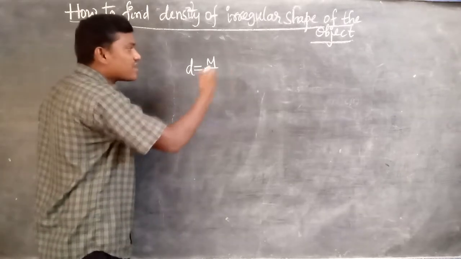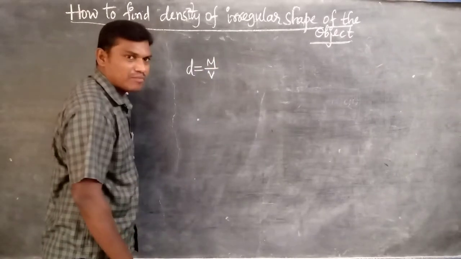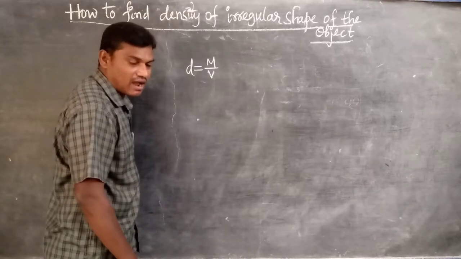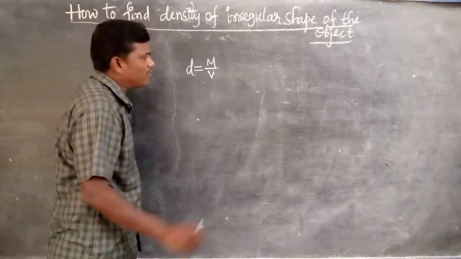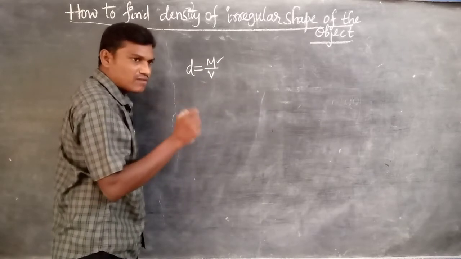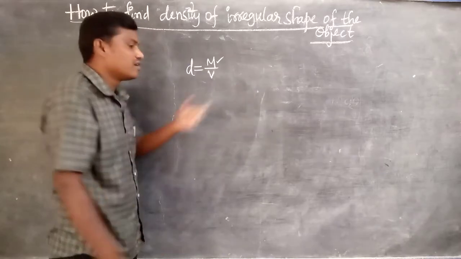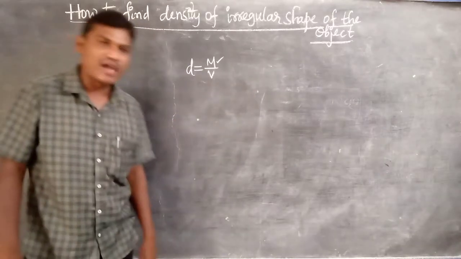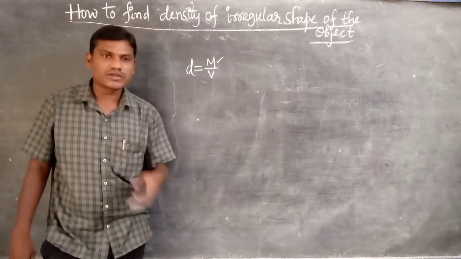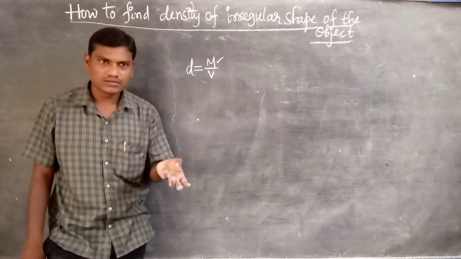In the case of regular shaped bodies, we find the mass easily by using a physical balance, electronic weight balance, or common balance. Regular shapes are cuboid, sphere, cone, cylinder.